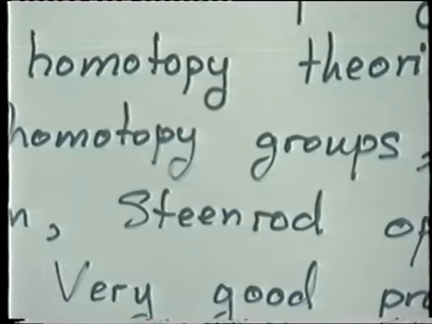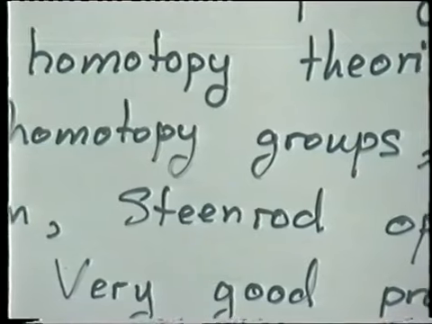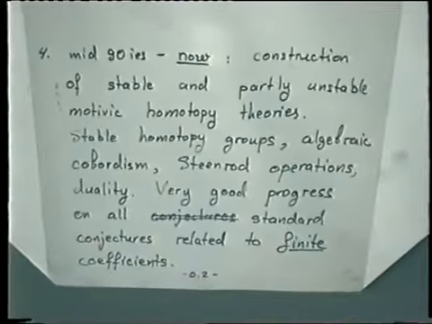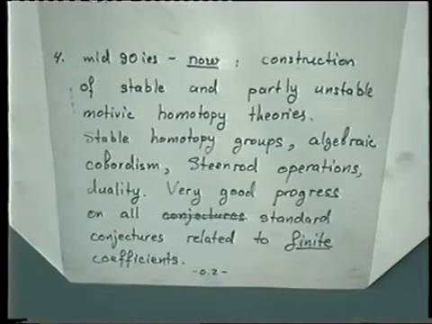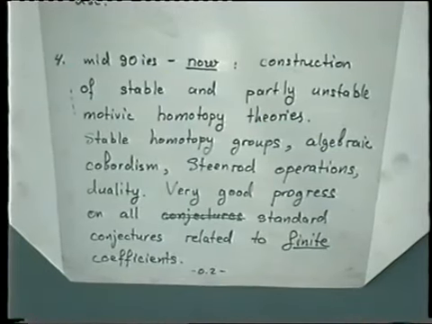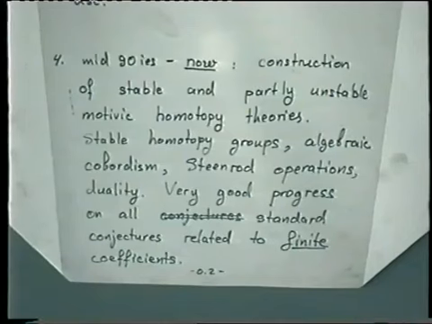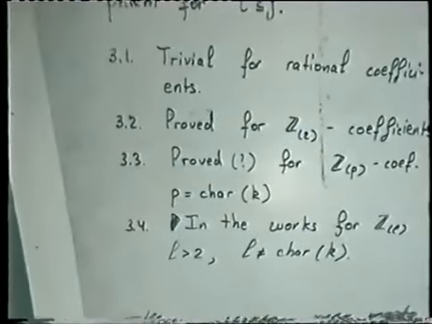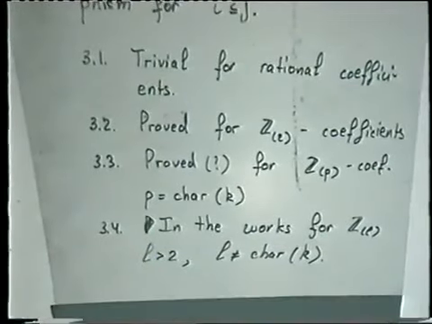The first thing is a very good progress, or rather the final progress, on the whole block of conjectures relating to finite coefficients. So the picture as it is today looks as follows. So I'm back to the Beilinson-Lichtenbaum conjecture.